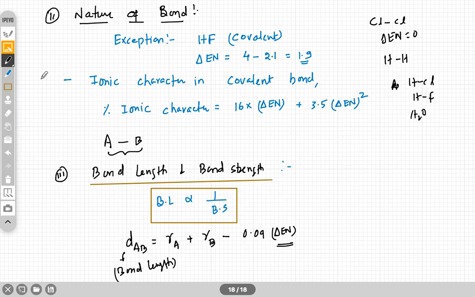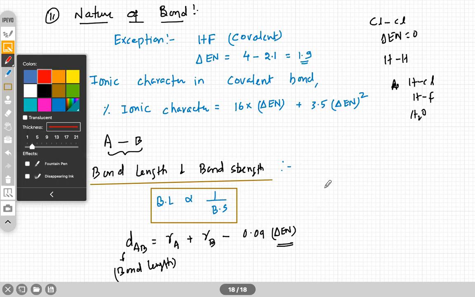So what we can write is that the change in electronegativity, delta EN, is directly proportional to bond strength and inversely proportional to bond length.